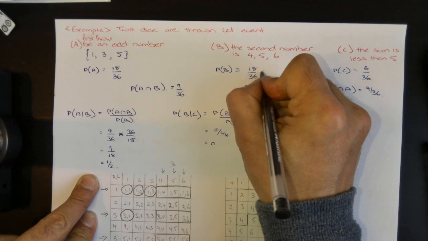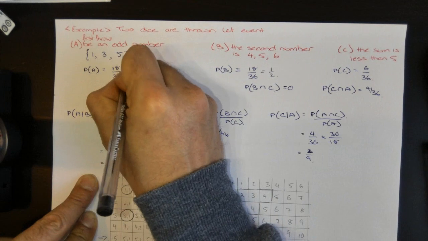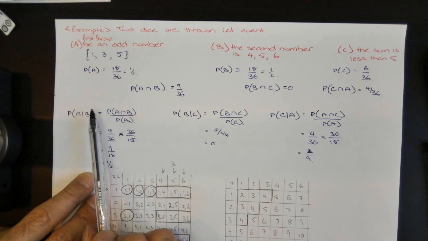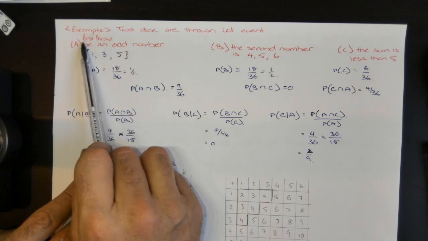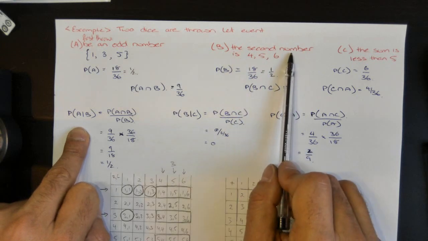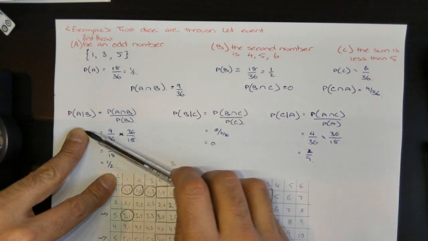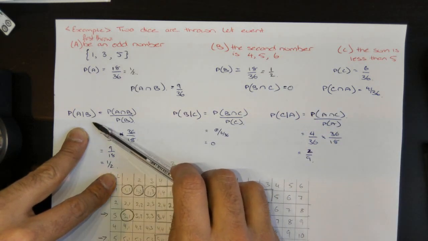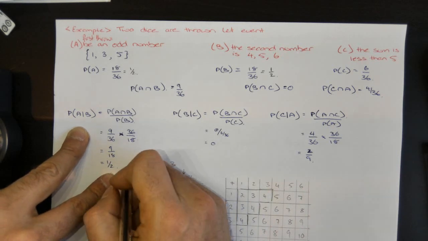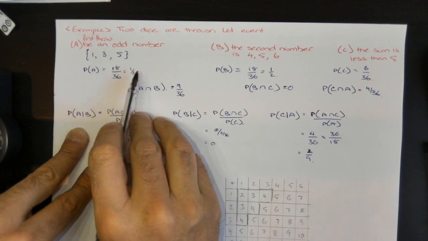Okay, now I just want you to note, 18 over 36 is the same as a half, obviously. So when I said the probability of A, so throwing an odd number, given that the second number is 4, 5, 6, that was a half. And notice that the probability of A given that B occurs is actually equal to the probability of A occurring.